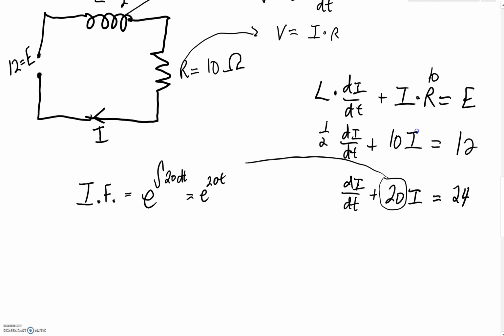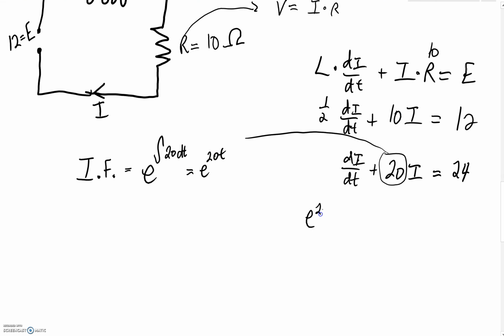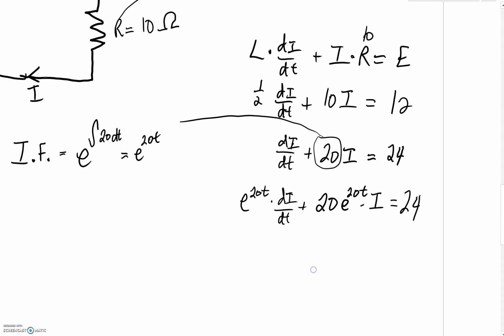So how did we deal with this integrating factor? Well, we multiplied everything in this differential equation by e to the 20t. Here, I'll even put this after the 20 here. Even the right side gets multiplied by e to the 20t.